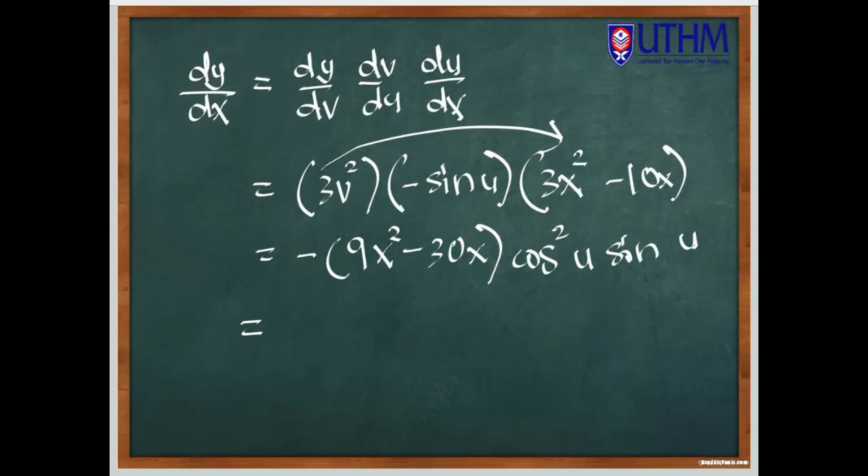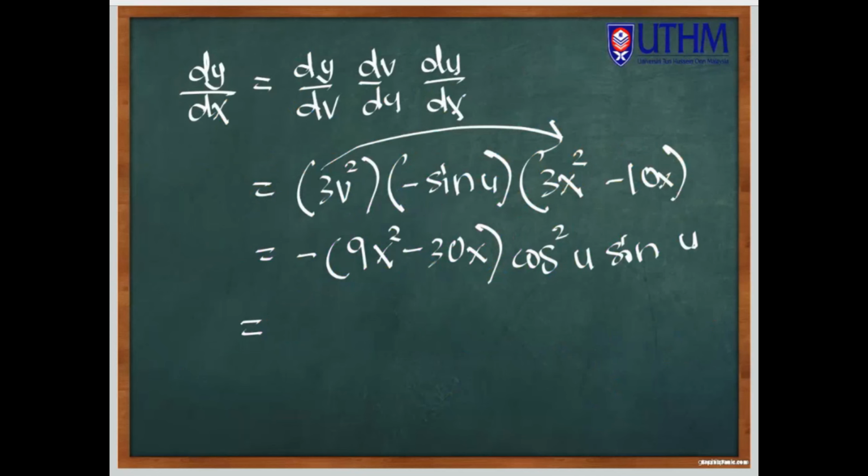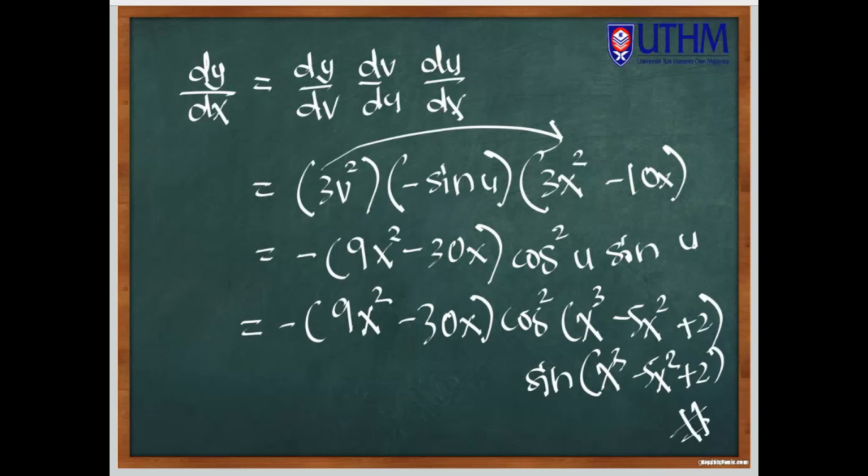Now we replace back all the u with x cubed minus 5x squared plus 2. We just write back negative 9x squared minus 30x, cos squared of x cubed minus 5x squared plus 2, times sine of x cubed minus 5x squared plus 2. So this is the answer.